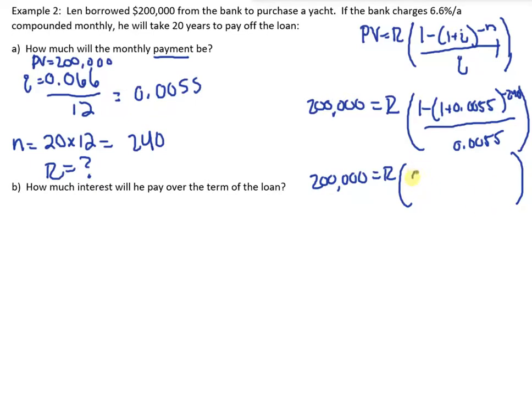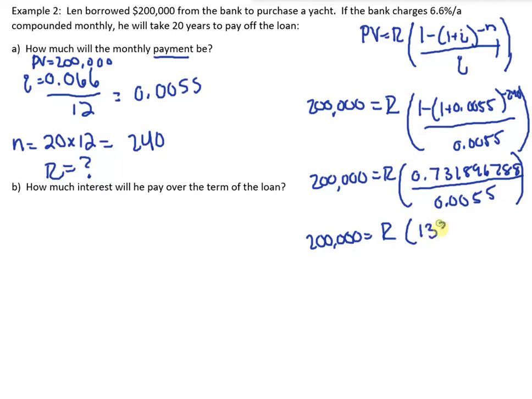I get 0.731896788. That's my entire numerator. If you can do this in one step, you can just leave this in your calculator and then divide it out. So I get 200,000 equals R times 133.0721434. And let's divide out both sides.